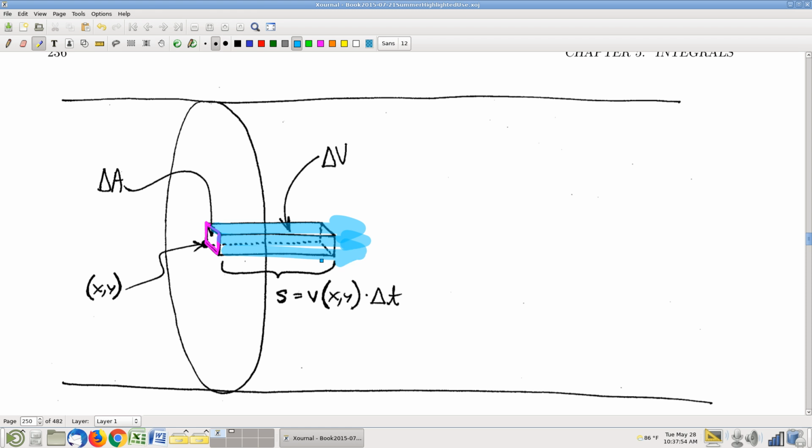And I appeal to your sense of physics, how the world works. If the cross section were divided up into little sub-rectangles, the amount of water per unit time flowing through each individual rectangle, if I were to add up over all the individual rectangles, would give me the total amount of water flowing through the pipe.